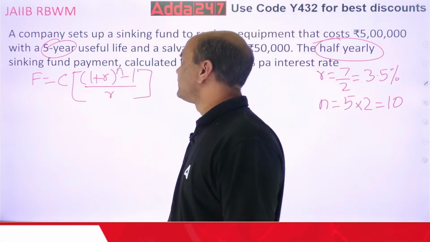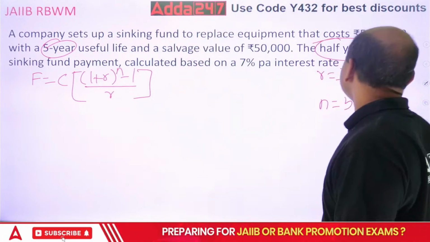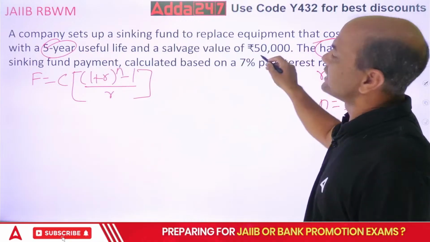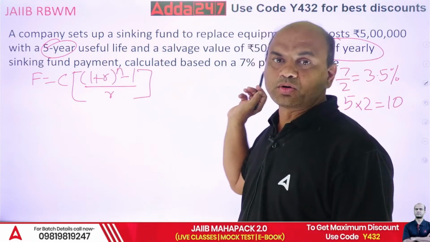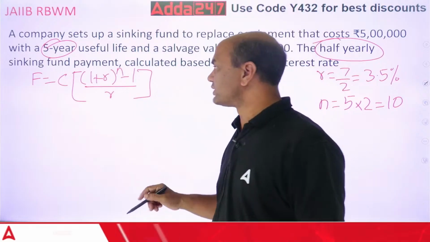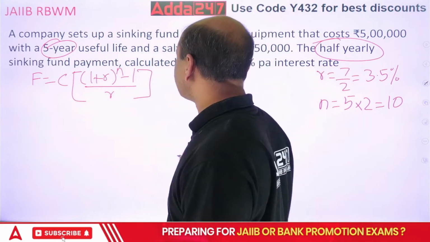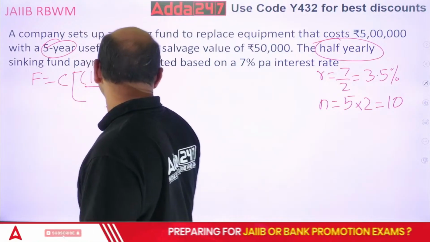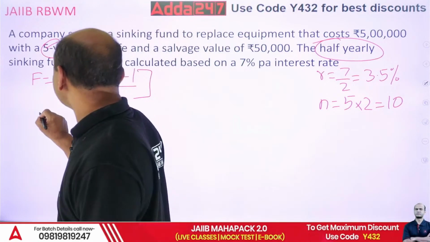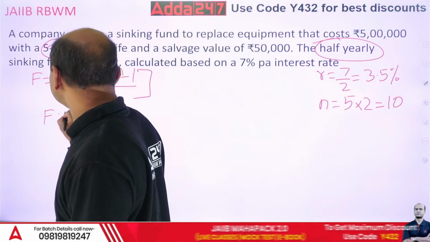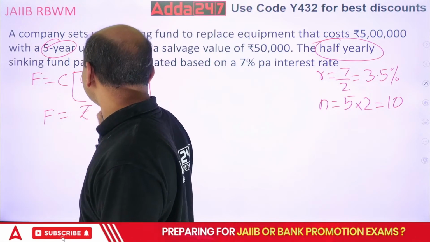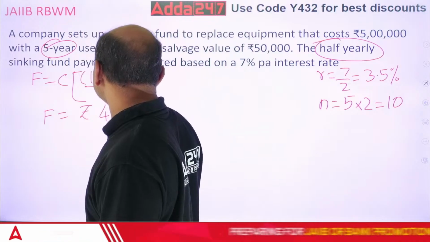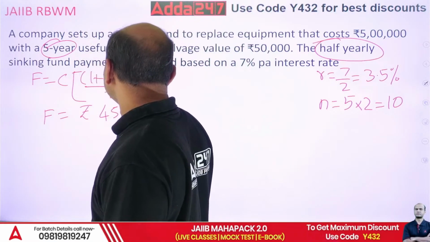So now what is F? F means this amount minus salvage, as we did in the earlier part. F equals to 5 lakh minus 50,000, so rupees 4,50,000. Getting this, everyone?